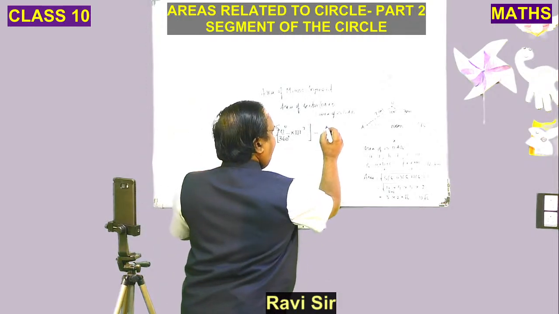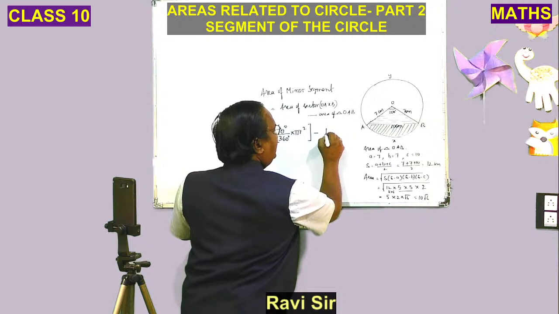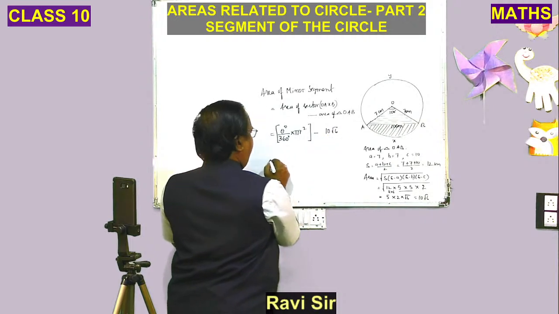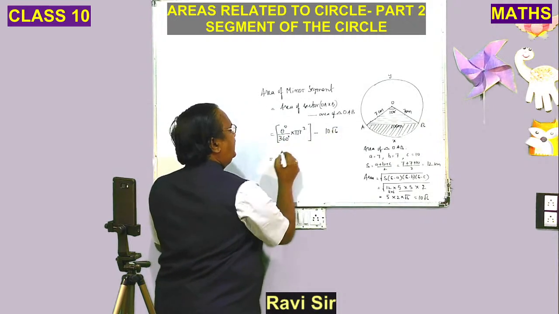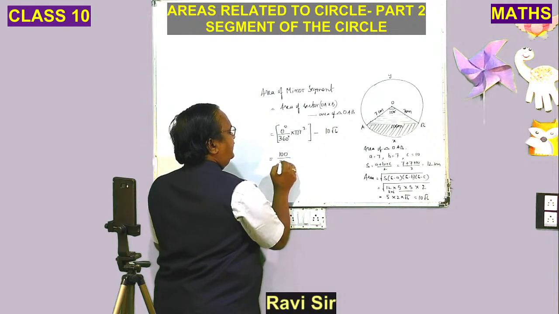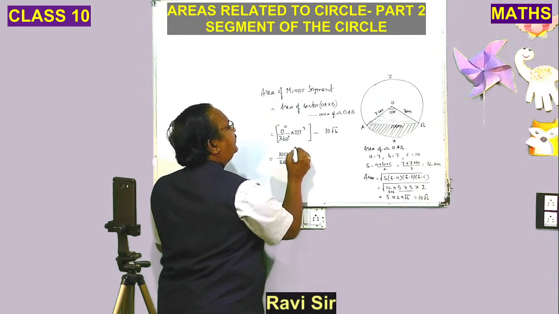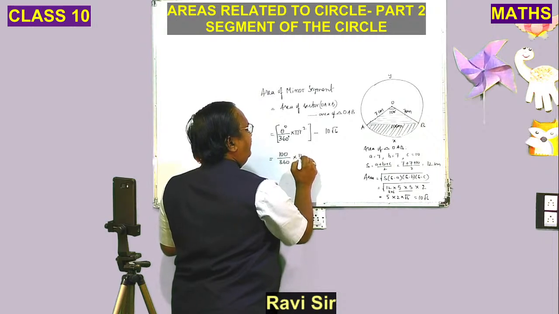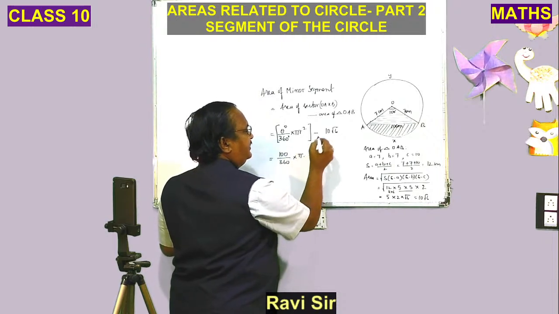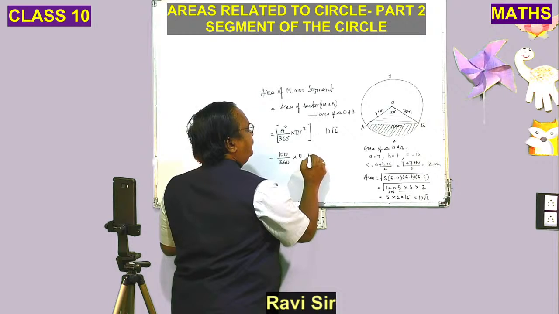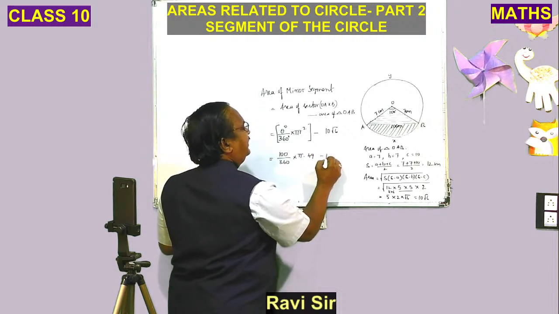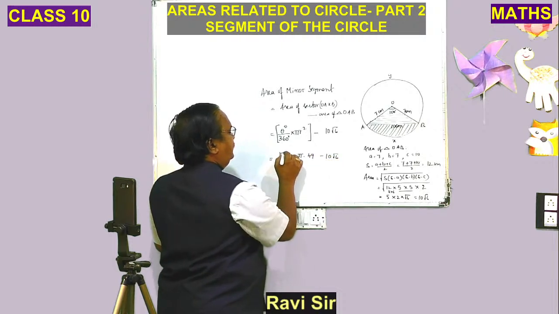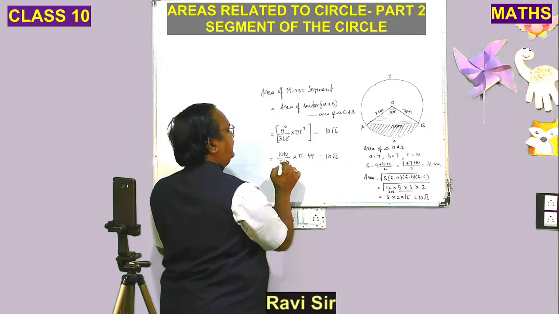So, this area we have already done, how much? 10 root 6. Okay. Theta is how much? 100 degrees by 360 into pi, I will write pi only, r is equal to 7 square, so 49, minus 10 root 6. So, the 10 cancels. Okay.